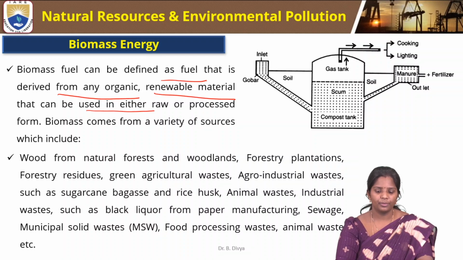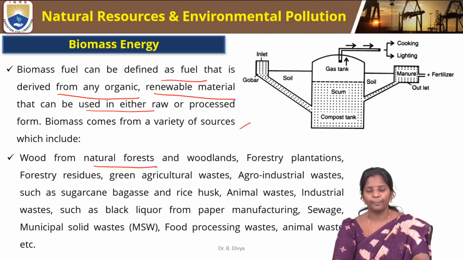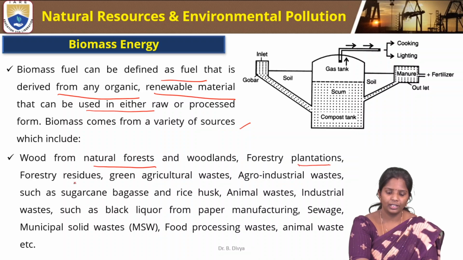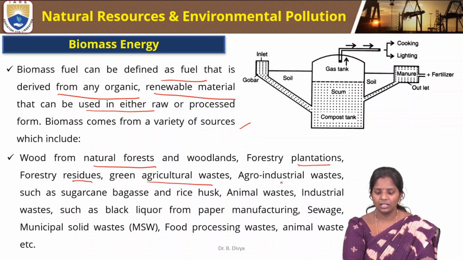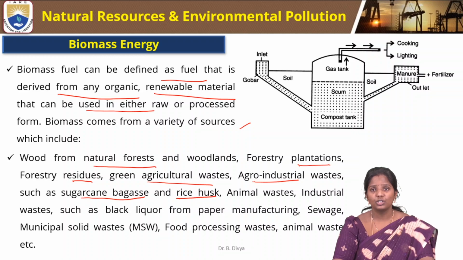Biomass comes from a variety of sources, for example, natural forests and woodlands. In forests, a lot of waste is produced from fallen leaves and trees, which can be used for the generation of biomass energy. Then forestry plantations, residues and agricultural waste, agro-industrial waste, sugar bagasse and rice husk. During rice production, the husk is removed from the paddy to make rice.